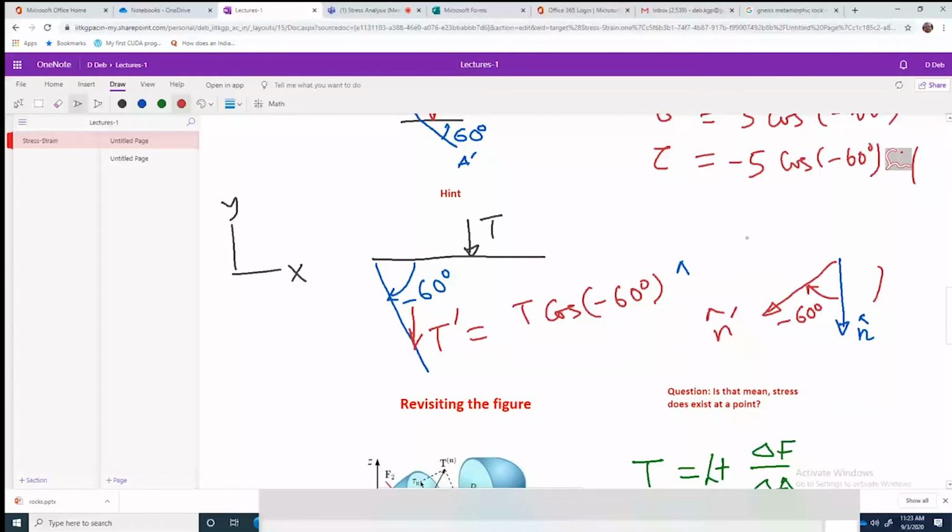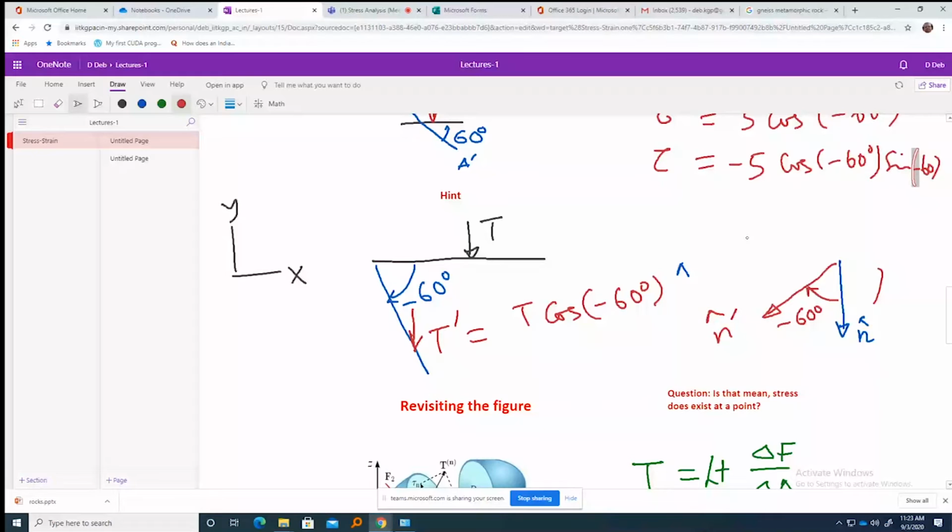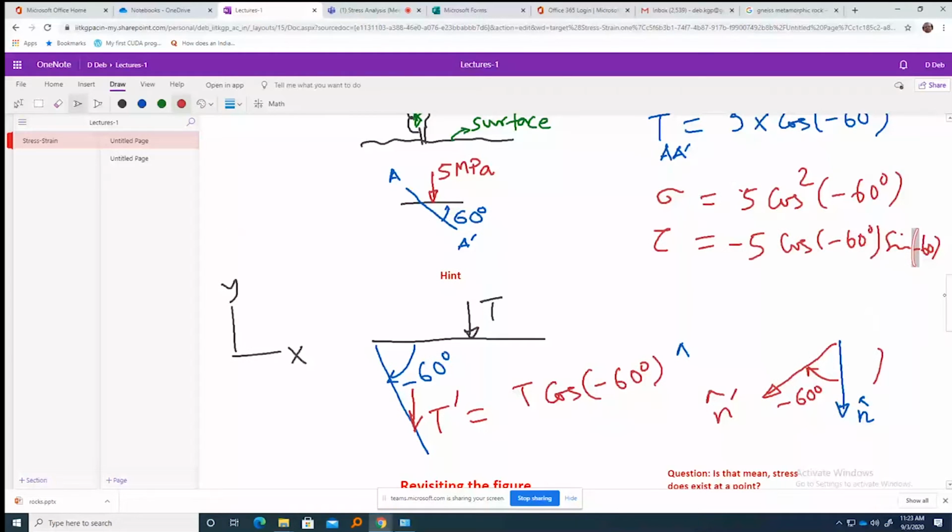This should be the answer you will get, and those who could not do it, you can do it at home. The hint I've already given. You have to first find out T dash on this plane, because it's the area which has increased now. As a result, area becomes area by cos minus 60, and that cos minus 60 will come up and will multiply.